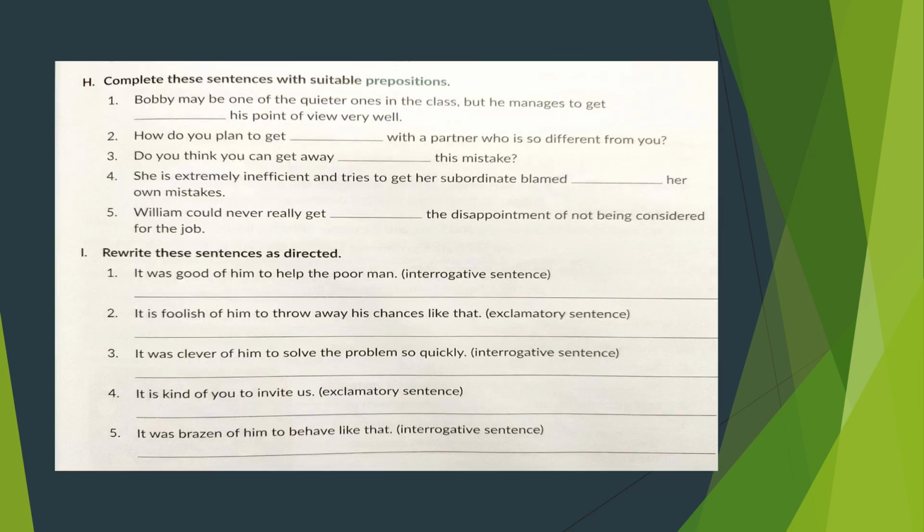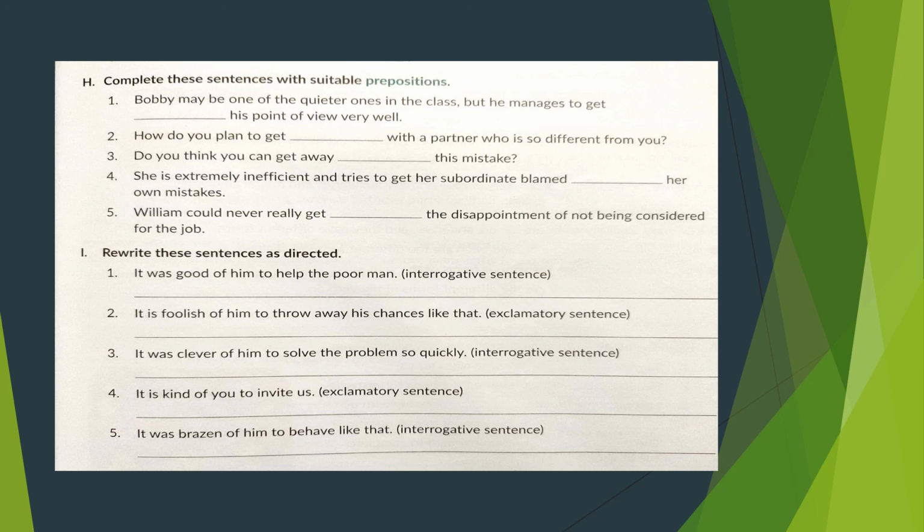Coming to exercise H. You have to fill in these blanks with the correct prepositions. Bobby may be one of the quieter ones in the class, but he manages to get across his point of view very well. Rewrite these sentences as directed. It was good of him to help the poor man.